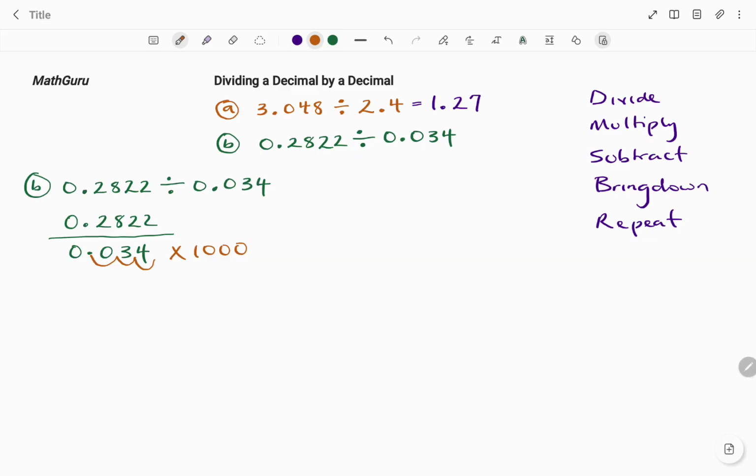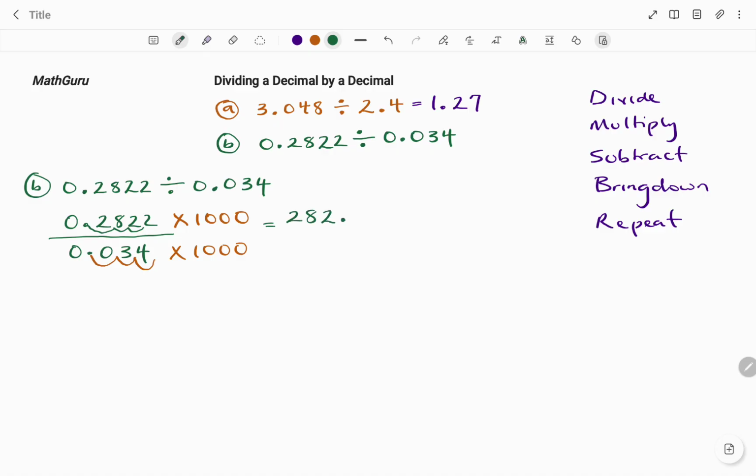And like when I'm simplifying my fraction, whatever you do at the bottom, you do at the top. So therefore, I'm going to multiply my numerator again by 1,000. So if I rewrite, multiplying by 1,000 means moving my decimal point 3 spaces to the right. So for the top also, I have 1, 2, and 3.